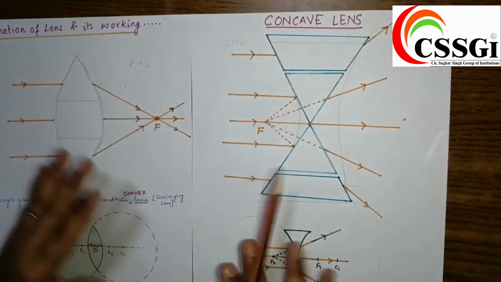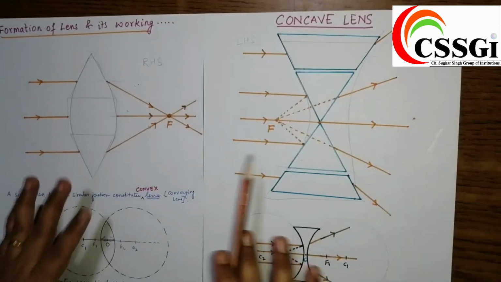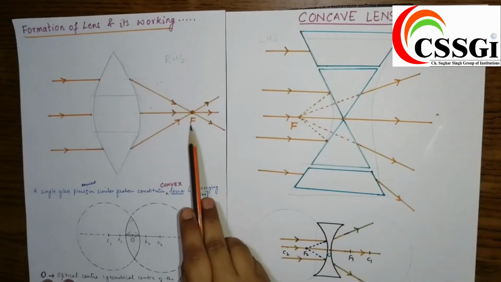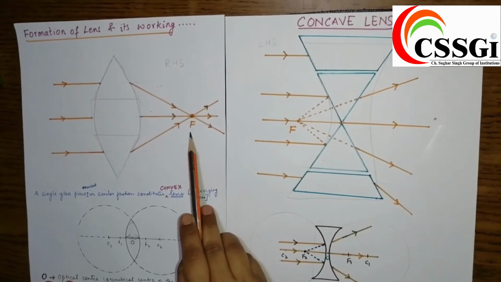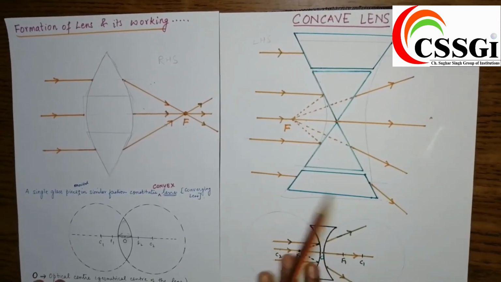That is, we are following the same sign convention. So it is pretty obvious to understand that a convex lens has positive focal length and a concave lens has a negative focal length.